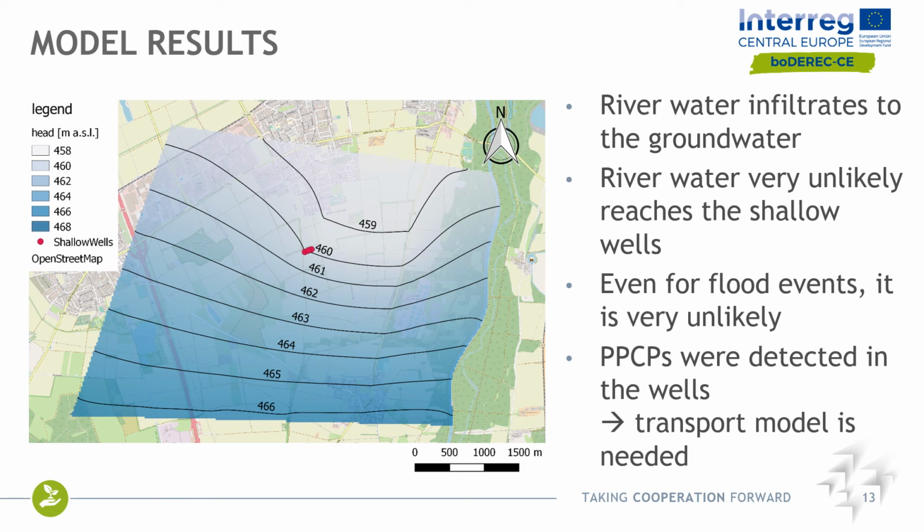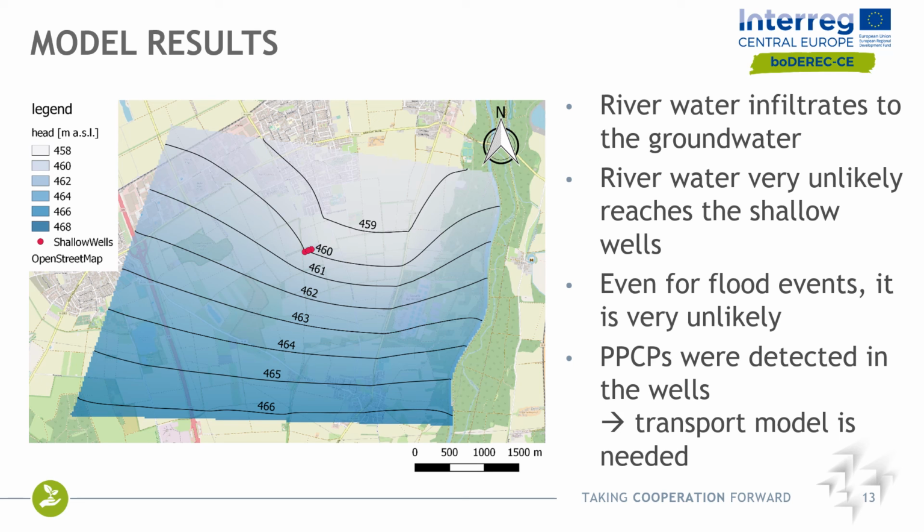For this case study, a groundwater flow model has already been developed and is shown on the left. The groundwater equipotential lines, the black lines, indicate the water level with respect to the sea level. As water always flows perpendicular to the equipotential lines, river water infiltration in the north can be observed.